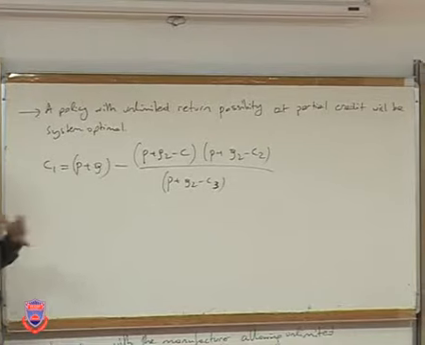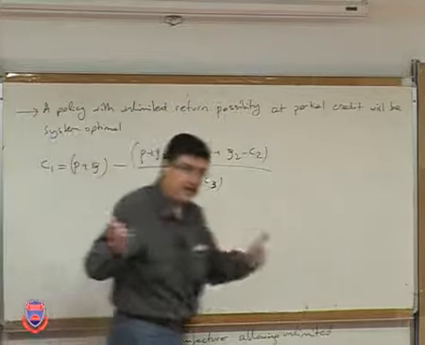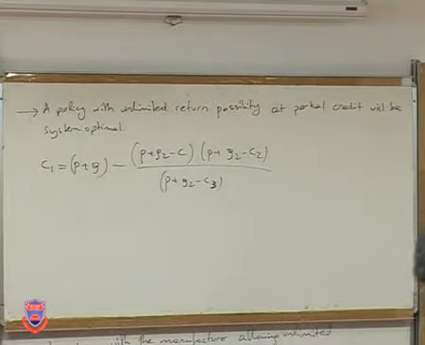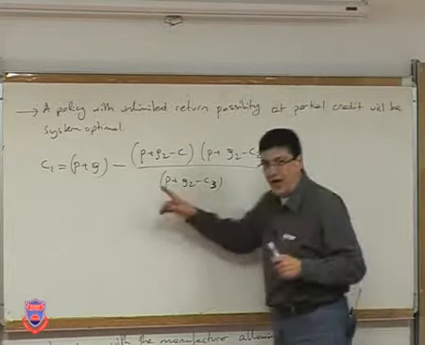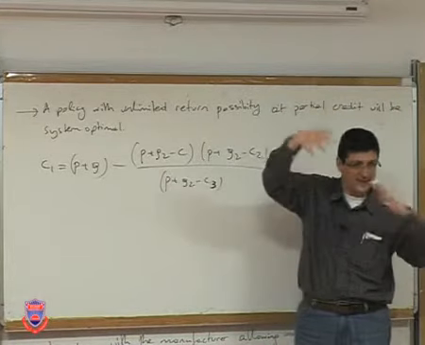So this is a relationship between C1 and C2, and all the combinations of C1 and C2 will give me the system optimal solution. So give me a C2, I'm going to find my C1 from here, and that is going to yield an optimal solution. Of course, you have the boundaries, remember? C1, C2 cannot be greater than a certain value.